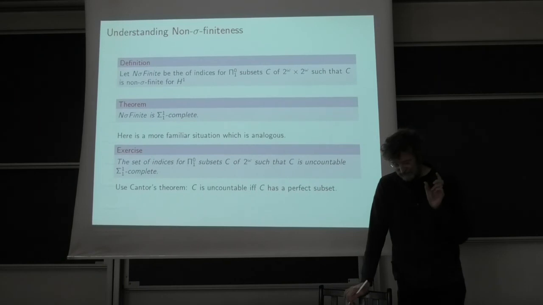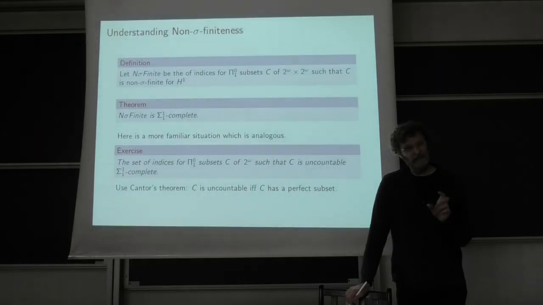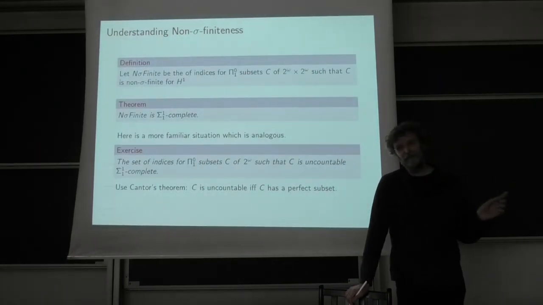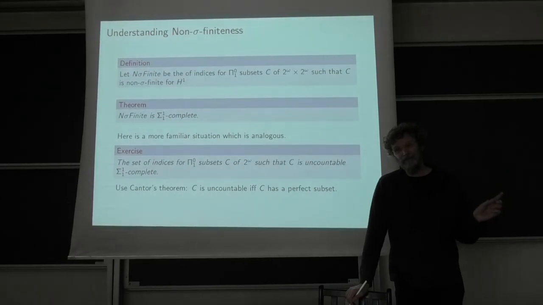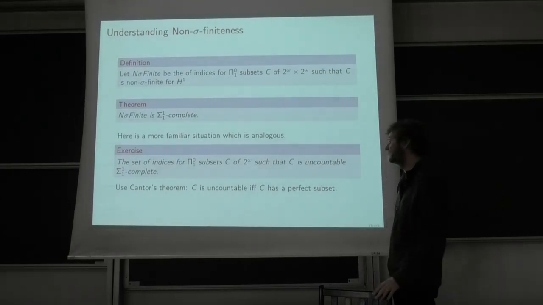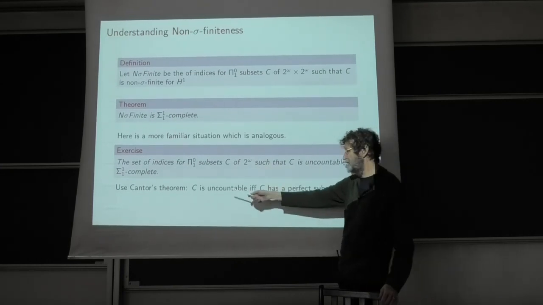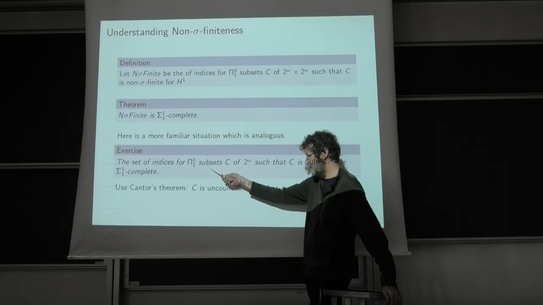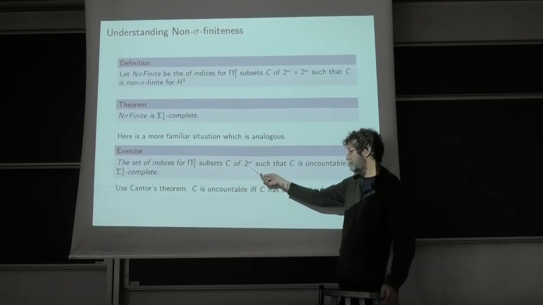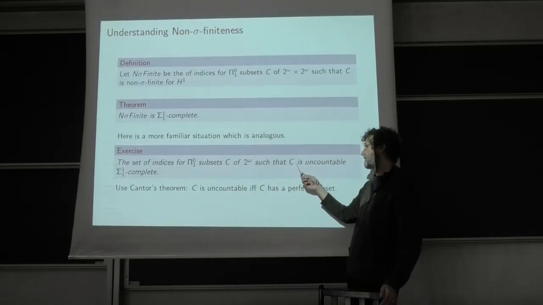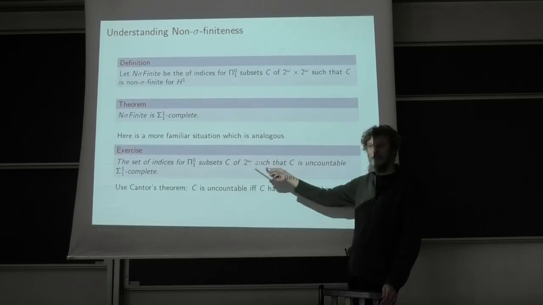It says that a closed set is uncountable if and only if it has a perfect subset. Okay, so that gives you the means to prove this theorem. The set of indices for pi 0, 1 subsets of Cantor space such that C is uncountable is sigma 1, 1 complete.